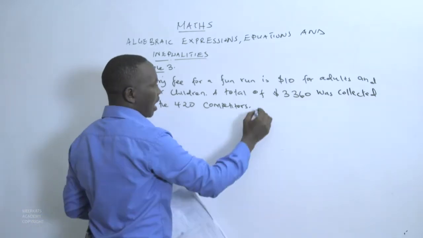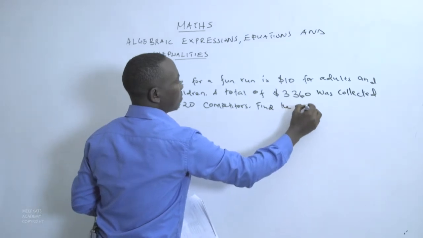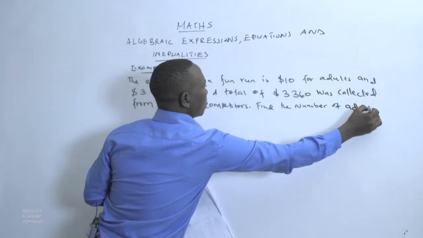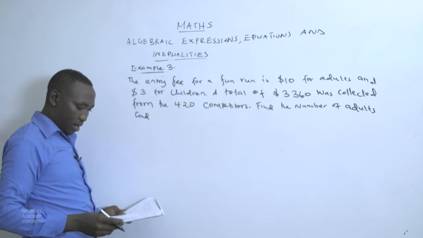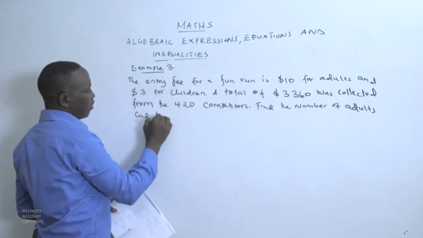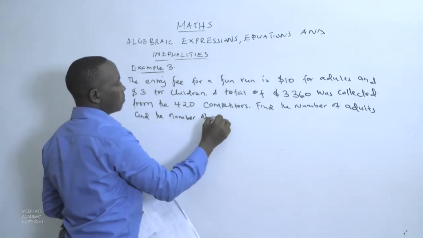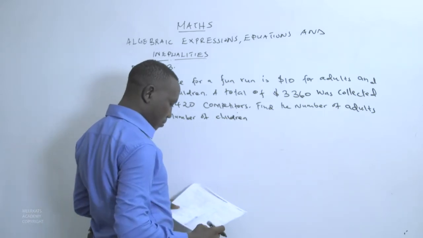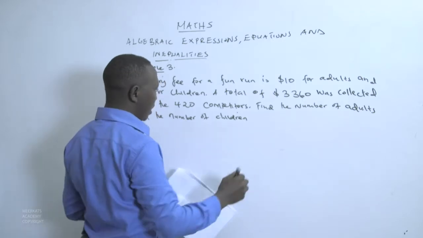Find the number of adults and the number of children running.